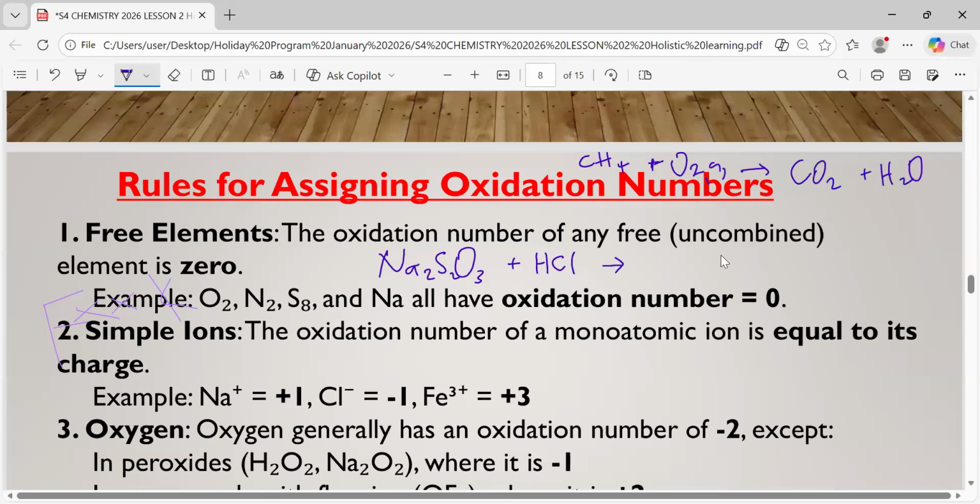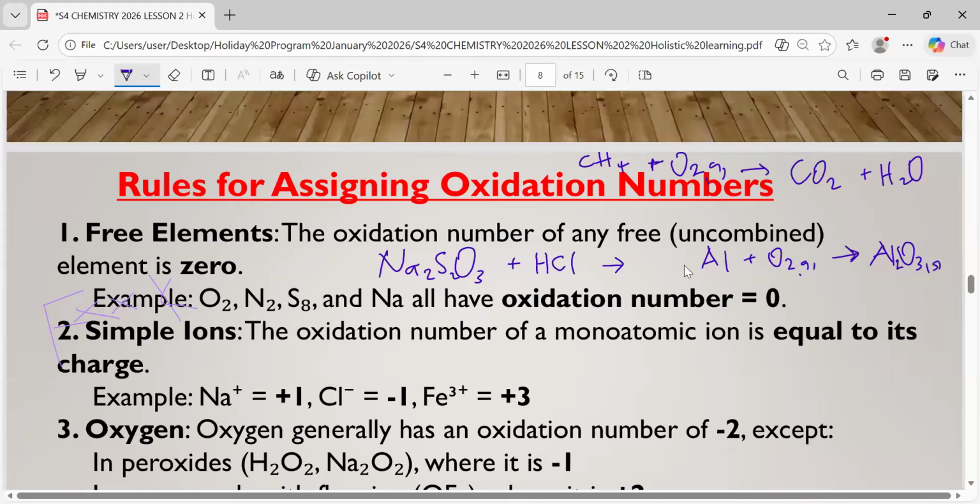Are we there? Then we have aluminium reacting with oxygen gas to produce, what do we get? Aluminium reacts with oxygen to form what? Aluminium oxide. Good. Aluminium oxide. Are we there?